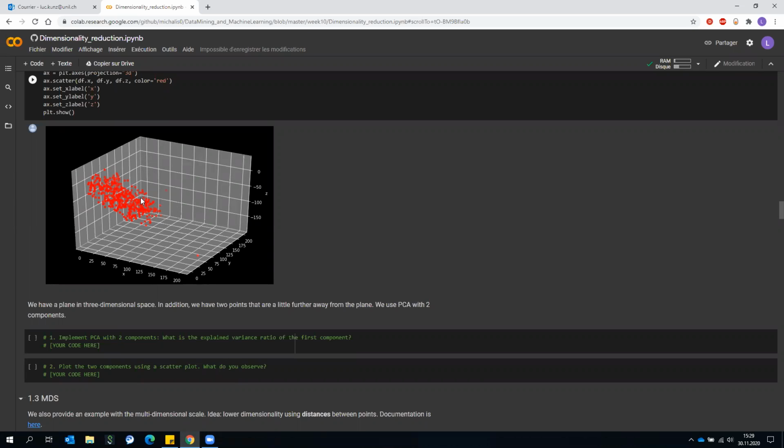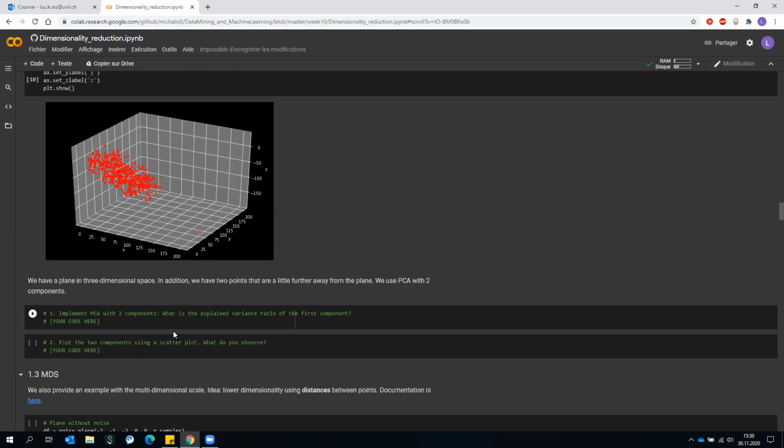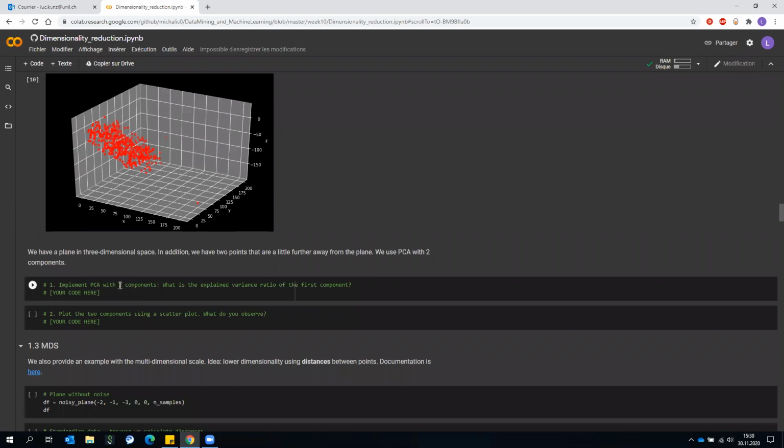You will see in the results, if you take the picture from here, you don't keep a lot of variance, but if you take it from here, you keep a lot of variance. So the idea is to implement PCA with 2 components. We go from 3 to 2, tell me what is the explained variance ratio, and then plot the 2 components.